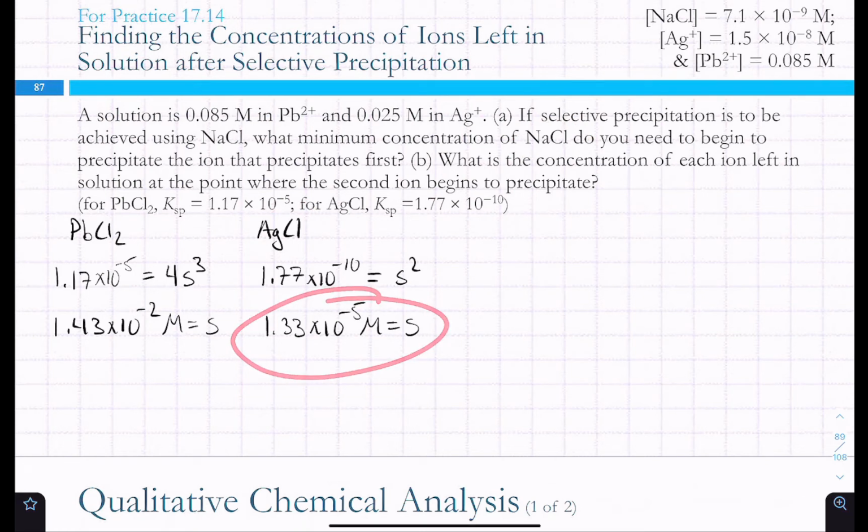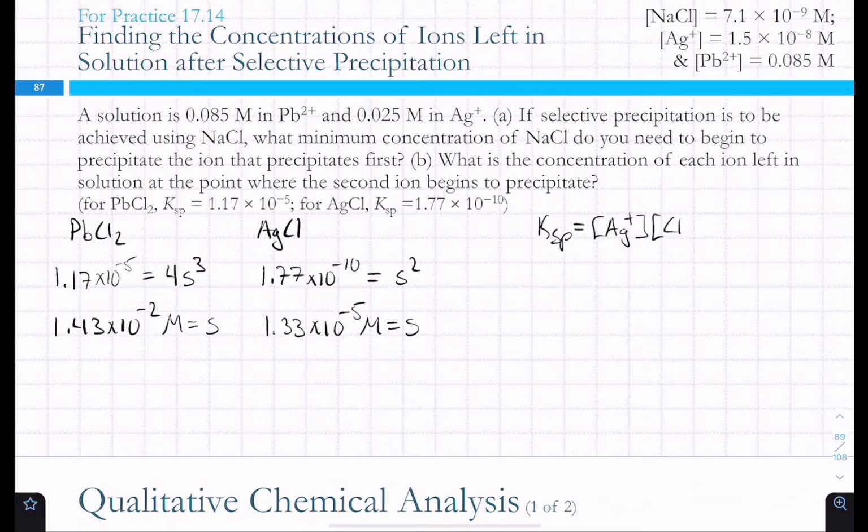Yeah, almost. So we needed molar solubility to be able to compare the two, because one produces 2 ions, the other one doesn't. Now we can just use KSP. Yeah, KSP equals the concentration of silver and the concentration of Cl minus.